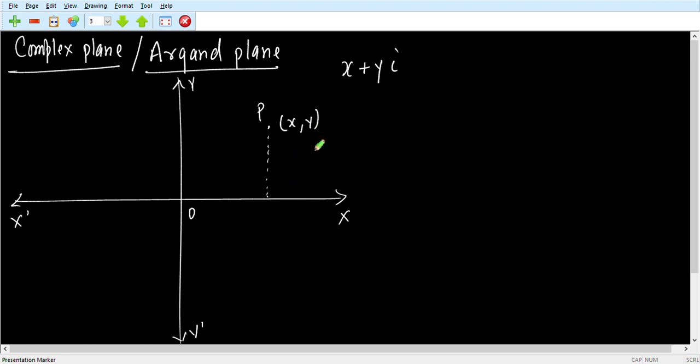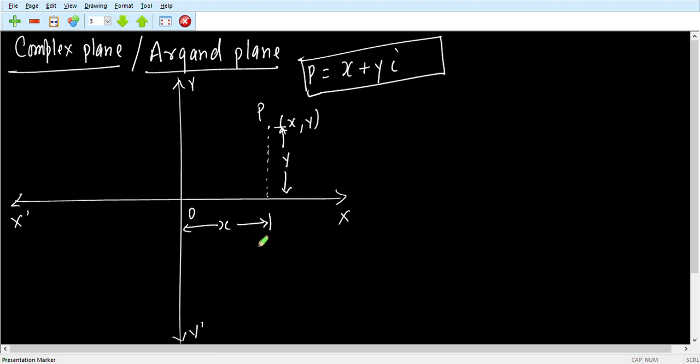In the ordered pair, x represents the real part of the complex number. Let us suppose this is a complex number, that is P is equal to x plus y iota. So x represents the real part of the complex number, and y represents the imaginary part of the complex number.